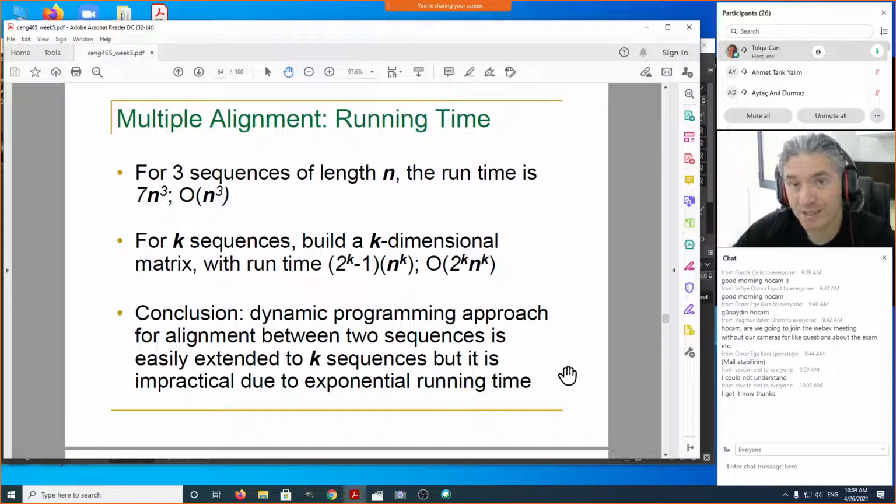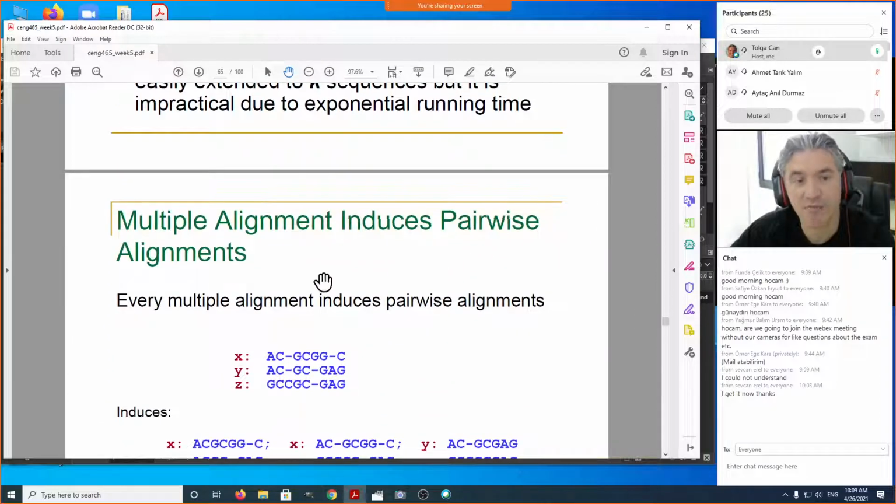There is no guaranteed approximation algorithm for multiple sequence alignment as far as I know, but there are heuristics that we are going to see. A heuristic is basically a good idea that leads to a good solution, better than random alignment. It never guarantees optimality, but it produces some solution that is acceptable. So this is what we're going to see as multiple sequence alignment solutions. We are going to see some heuristics.